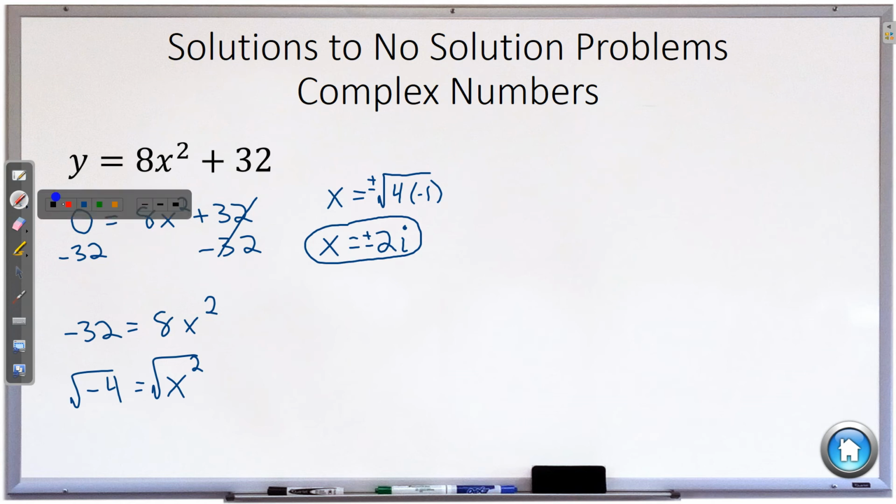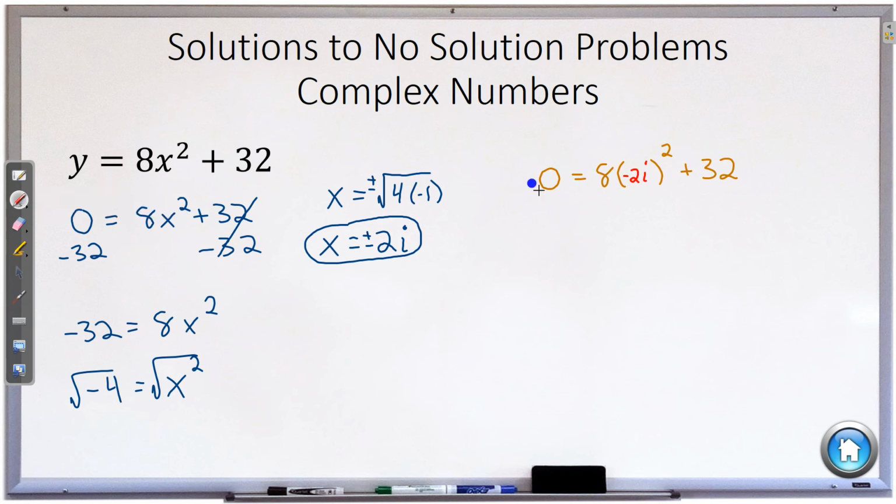Let's check that just to make sure we didn't make any mistakes. So last time I did the positive, let's do the negative this time and see if that one works as well. So when I check this answer, 0 is in for y, 8x squared plus 32. So when I plug in one of my answers here, we're going to do negative 2i this time.